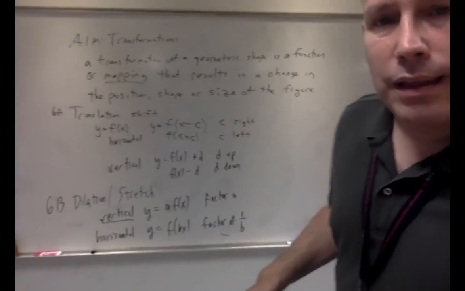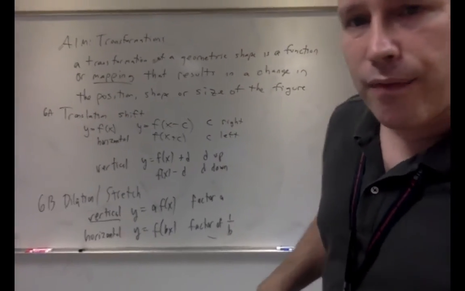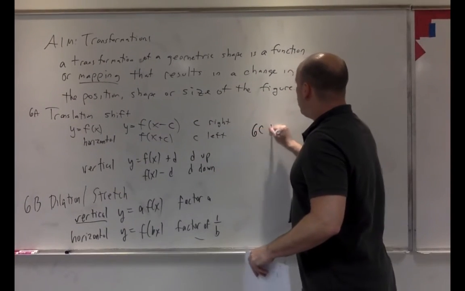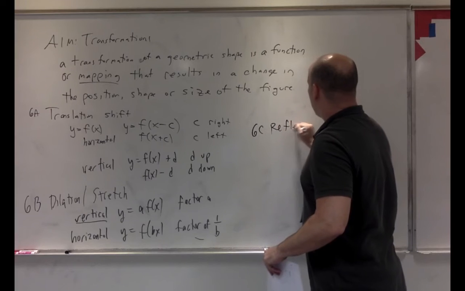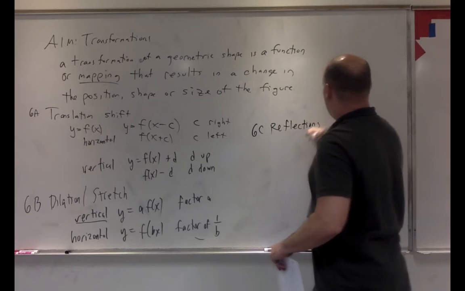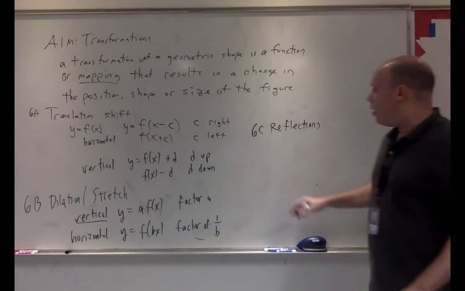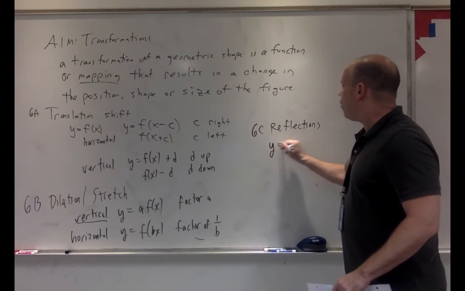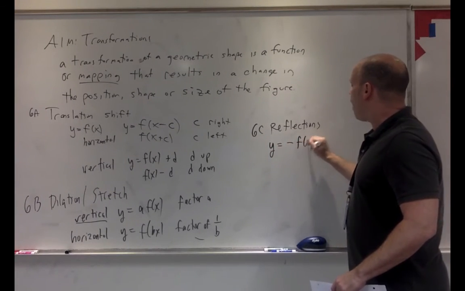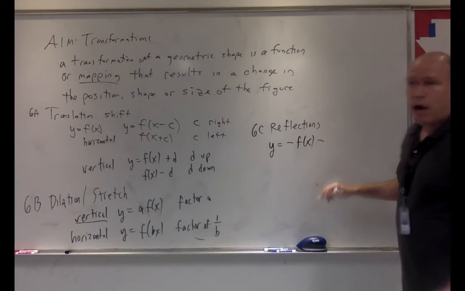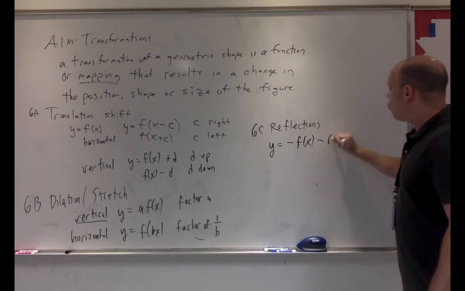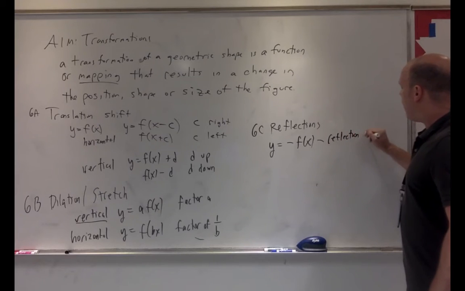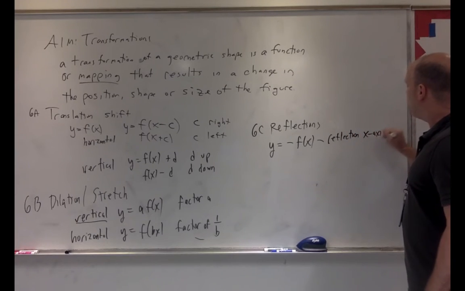The last transformation we have is in Unit 6C, and these are reflections. And simply put, once again, we're starting off with y equals. If we have y equals negative f of x, this is a reflection in the x-axis.